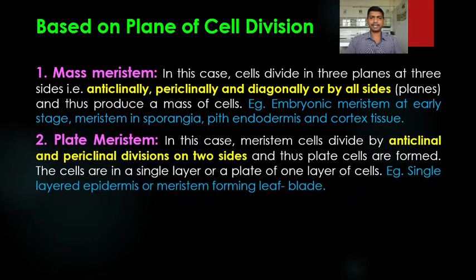Next is the plate meristem. In this case, the meristem divides by anticlinal and periclinal divisions on two sides. In the previous case, in mass meristem, there are three sides: anticlinal, periclinal, diagonal. Here in plate meristem, there are two sides: anticlinal and periclinal division, and thus plate cells are formed.